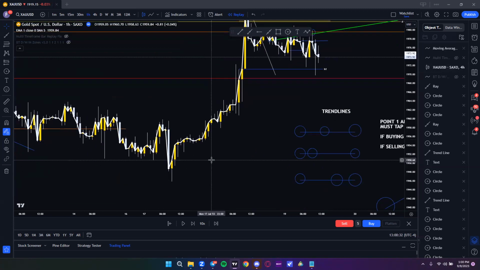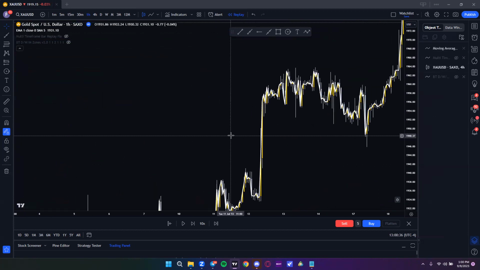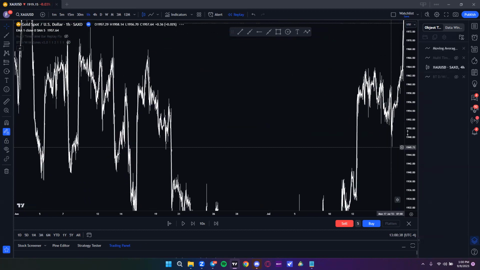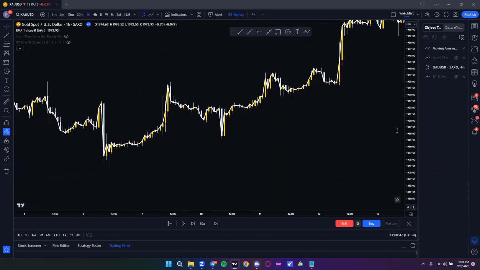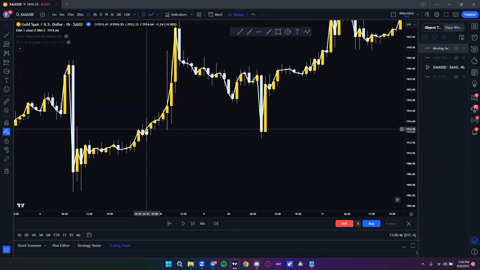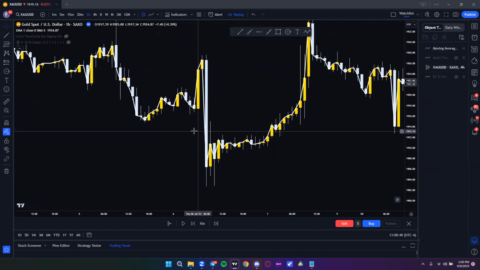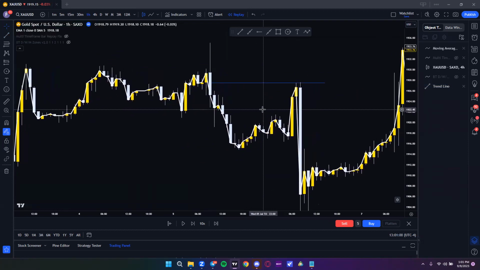So what you see is, let me clear the charts, find a good example. Okay, see if this is good. No, like that. Let's see if we can find a trend line here as a confluence, because that's what trend lines are.